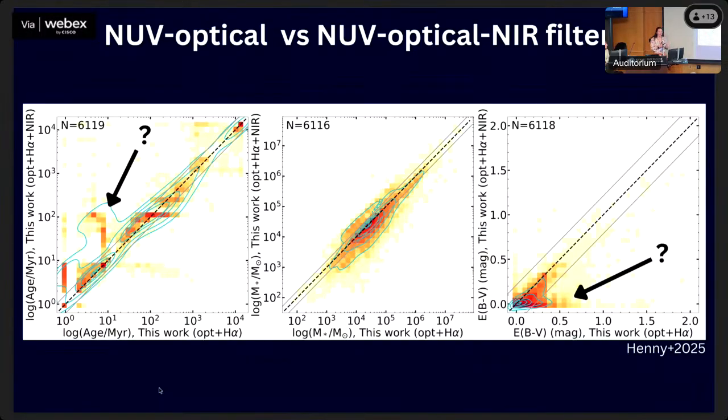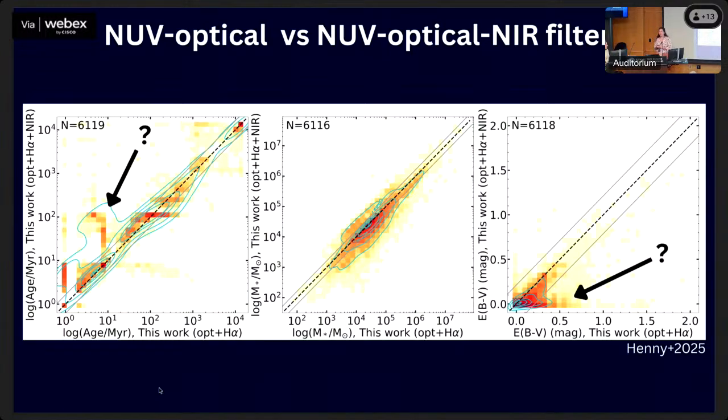So if you have any dust that's not super close by natal dust, when you're doing SED fitting and you don't see any dust emission in the near IR, then the best solution is going to be no reddening at all. But that's not necessarily always true, because you can have dust screens that could be adding a little reddening.